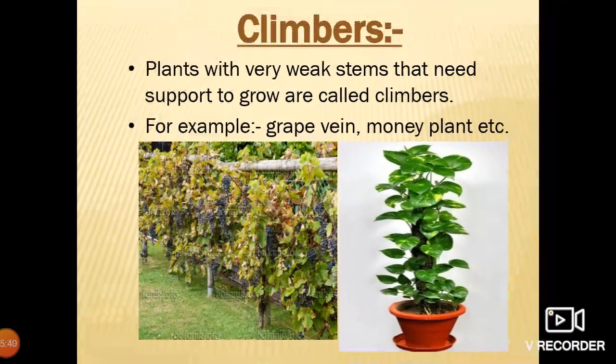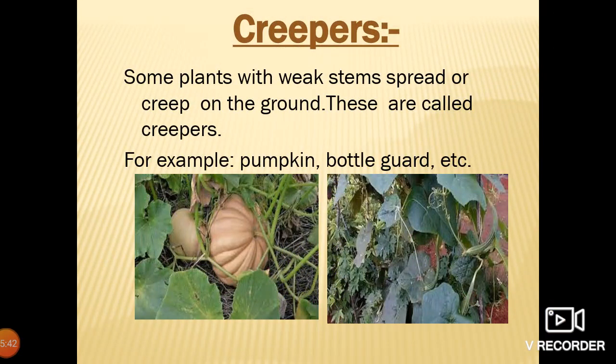The next is creepers. Some plants crawl along the ground. They are called creepers. Creepers have weak stems like climbers. They cannot stand erect, but climbers can stand with the help of some other support, while creepers cannot stand because of heavy fruits or vegetables on them, like pumpkin.